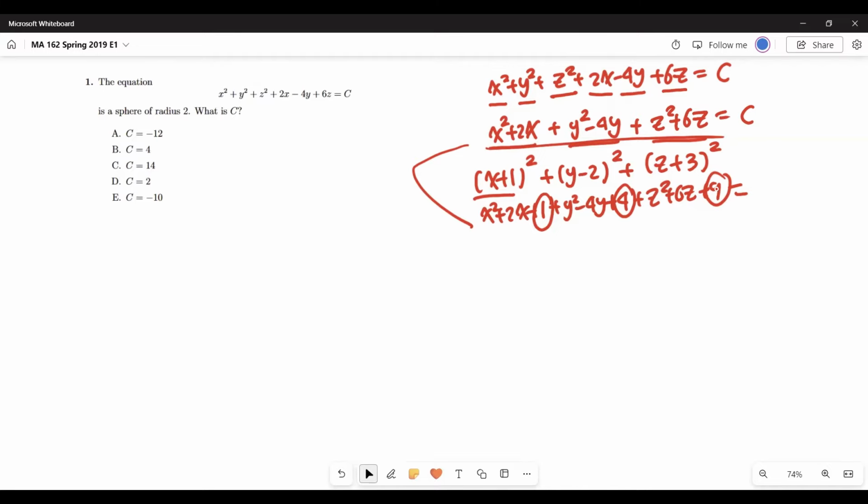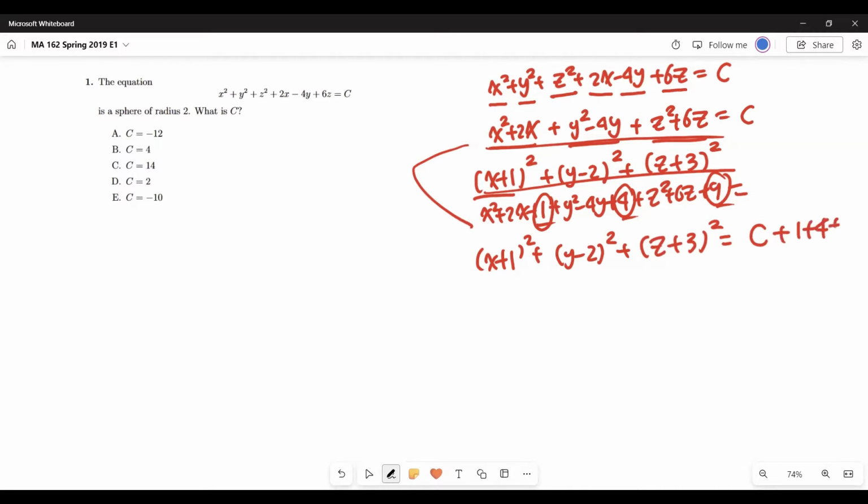So what we do is add 1 plus 4 plus 9 to make them equal to each other and cancel out.